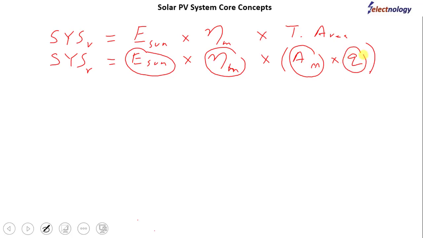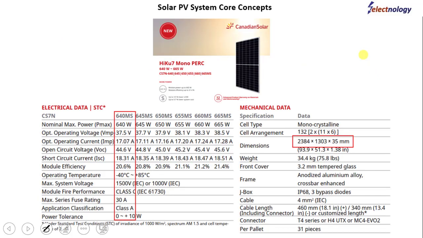Let's take an example. Okay, this is the actual data sheet of one of the Canadian Solar's PV modules, and we are selecting this model. Okay, this is the model number 640MS. Its nominal max power, its rated power specified by the manufacturer, is 640 watts.